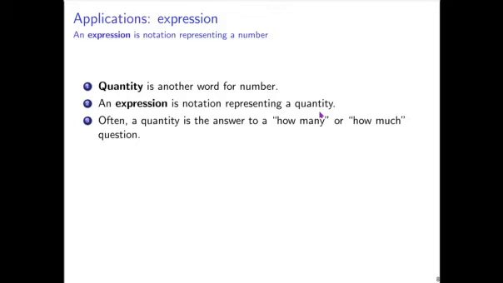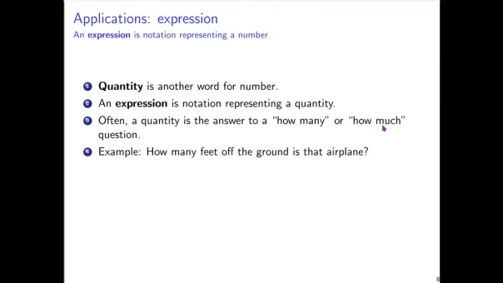Often these questions start with a phrase like how many or how much. Even if we don't know the number, we ask the question, and the question itself represents the number or the quantity and therefore is an expression to us.